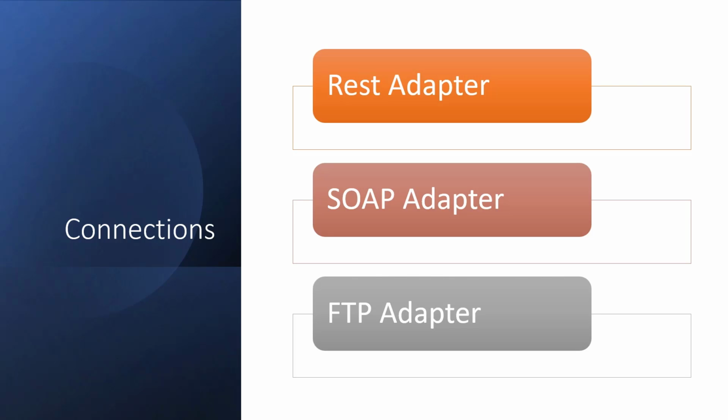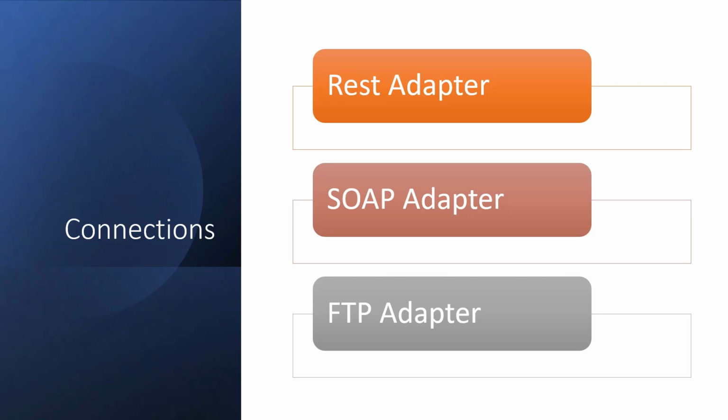Now the REST adapter is needed because we need to get the parameters from the user or whatever system is invoking this integration. We need to have some mechanism of capturing the input. So it's the report name and the different parameters that we have to pass to the BI Publisher report.